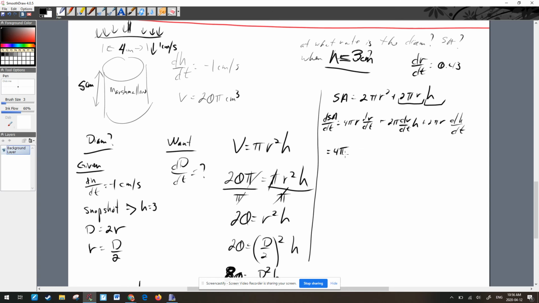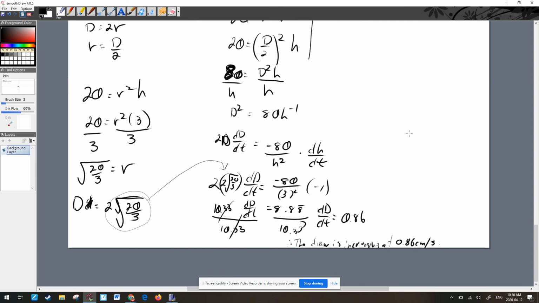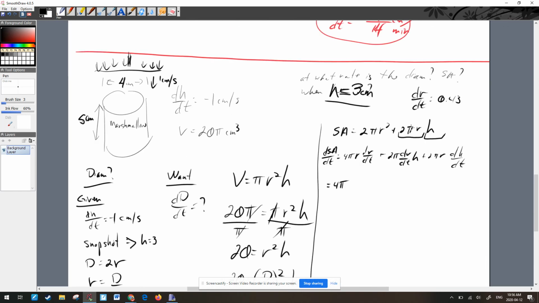So we know that 4 pi, and we have the radius. Again, it's not a very nice expression. It's root 20 over 3. So this is going to be root 20 over 3 times dr by dt. Well, dr by dt is 0.43, plus 2 pi dr by dt is 0.43 times the height.